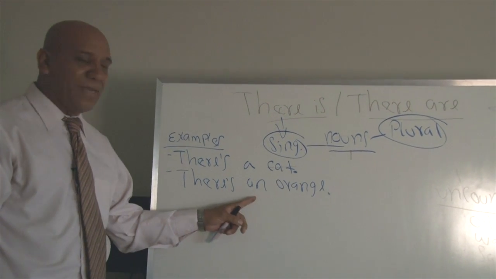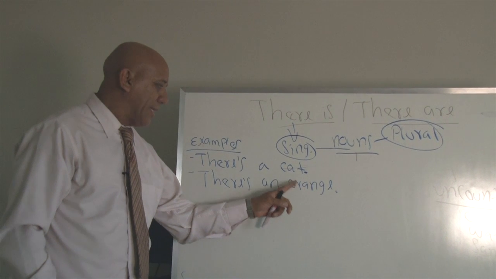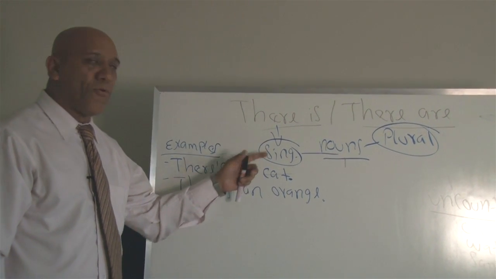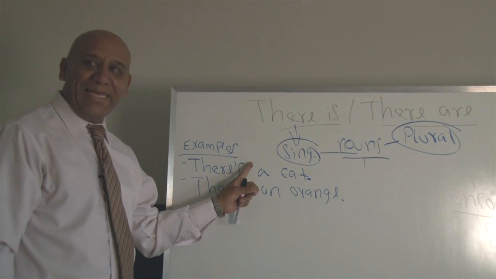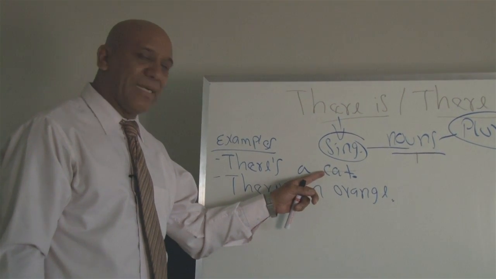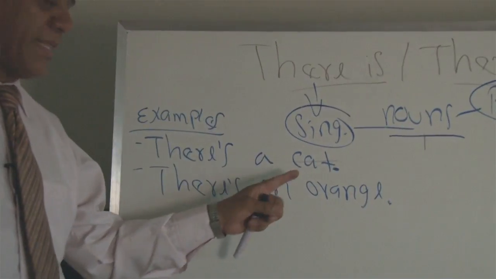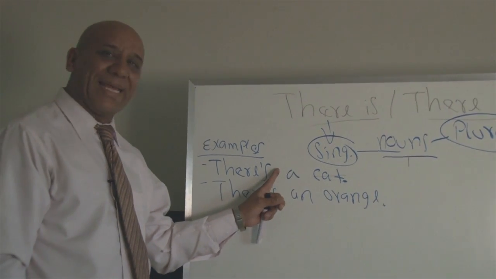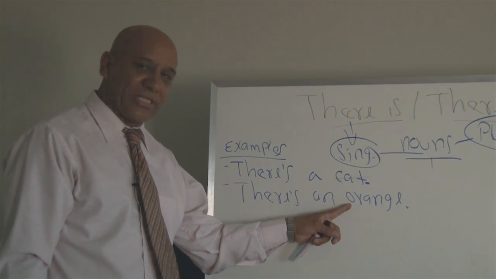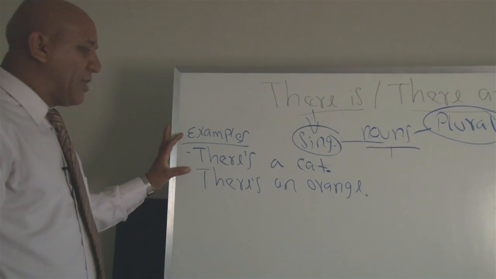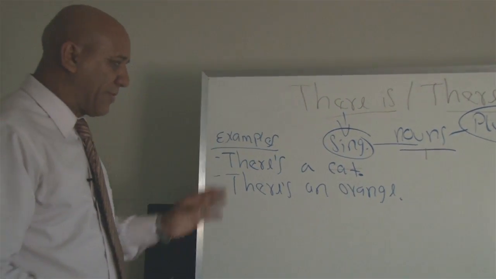There is an orange. For singular, we use a or an, depending on the letter that begins the noun. When it starts with a consonant, we use a. If it starts with a vowel, we use an. So here we have two singular examples.